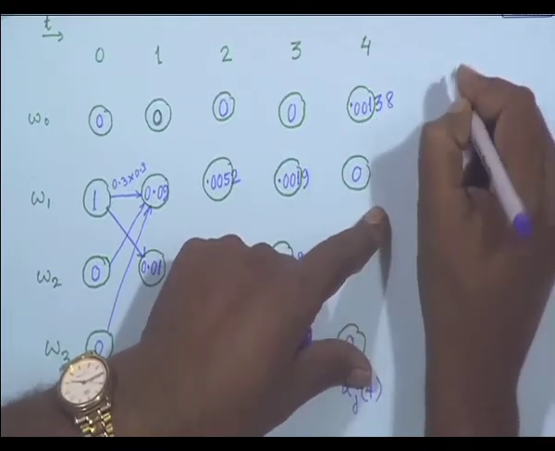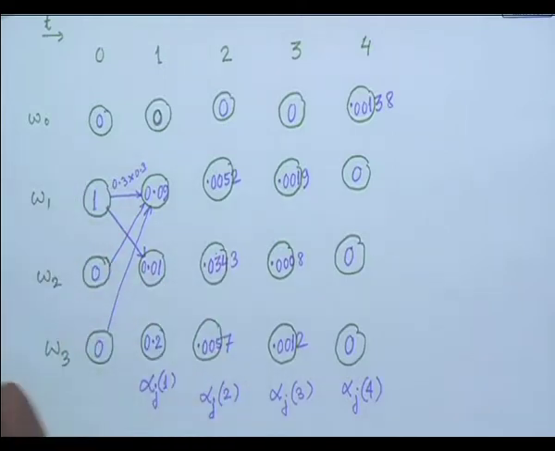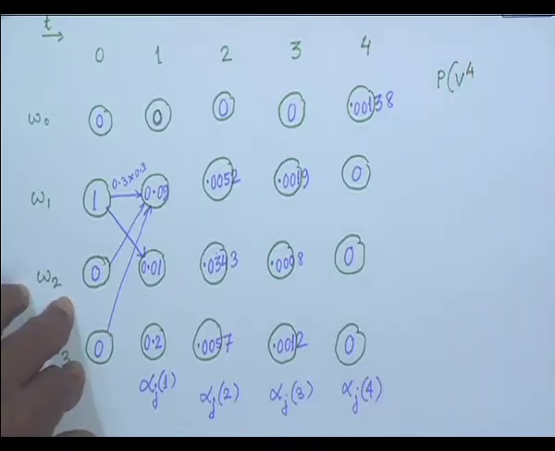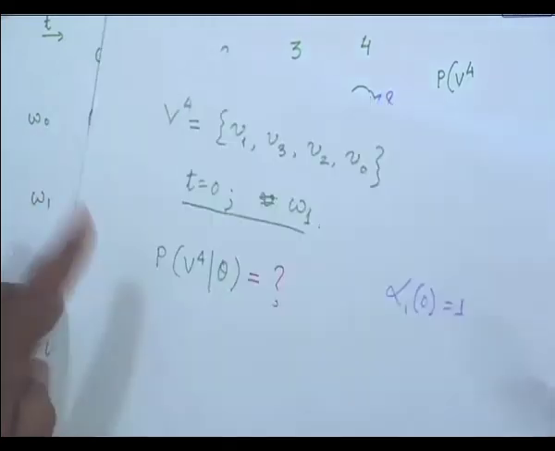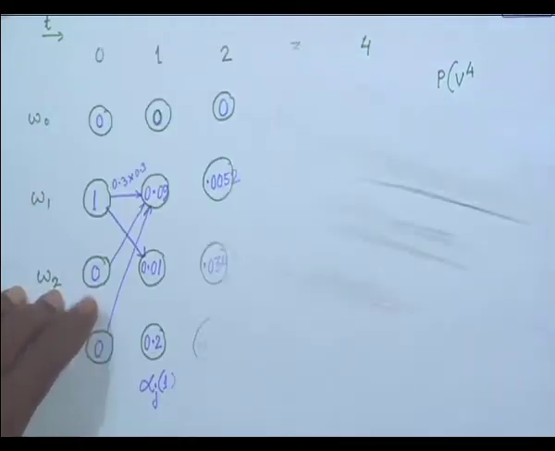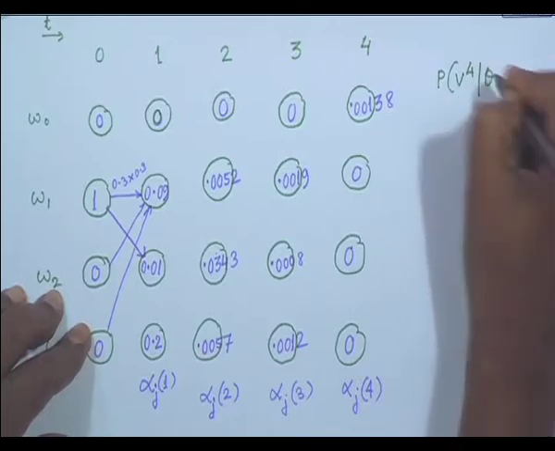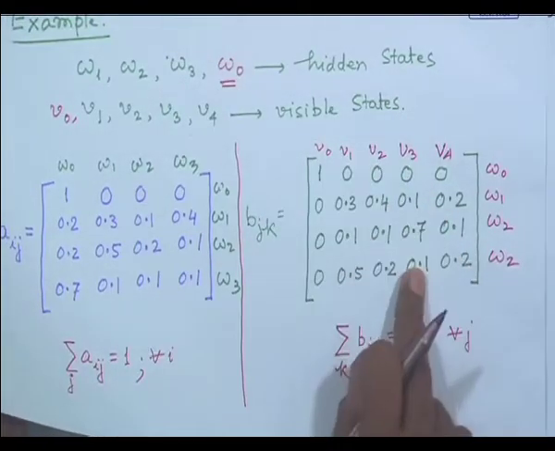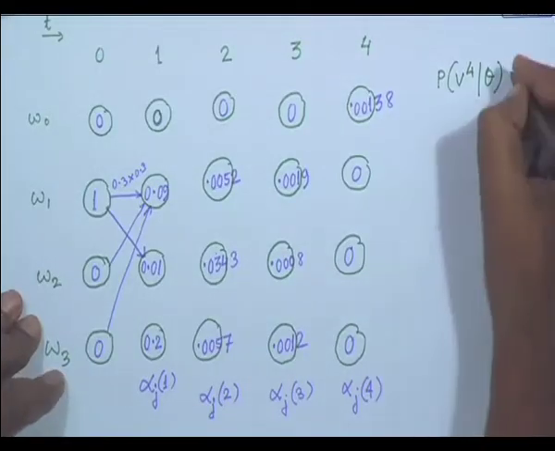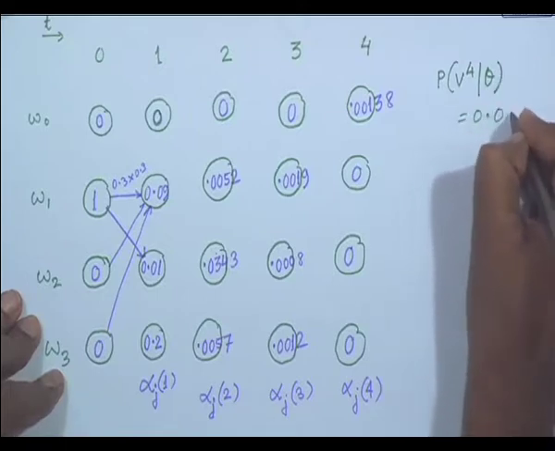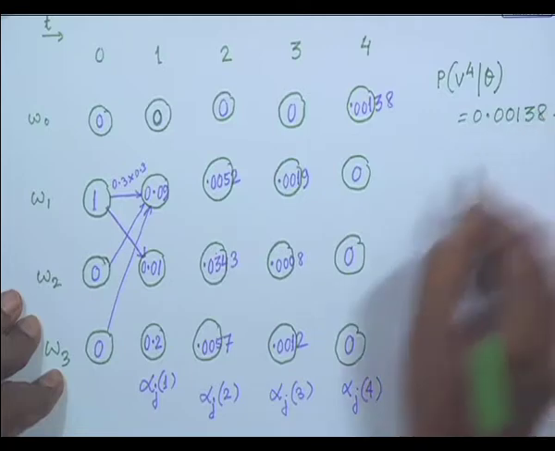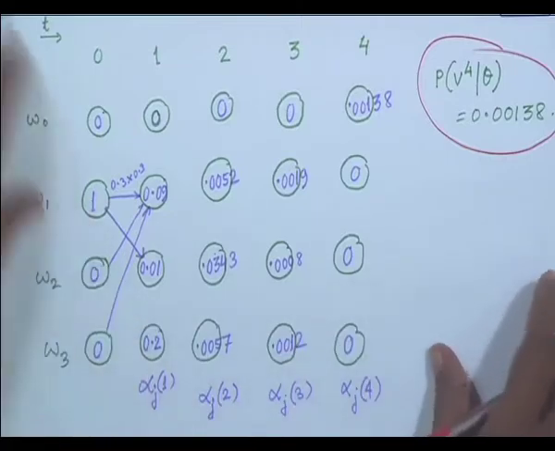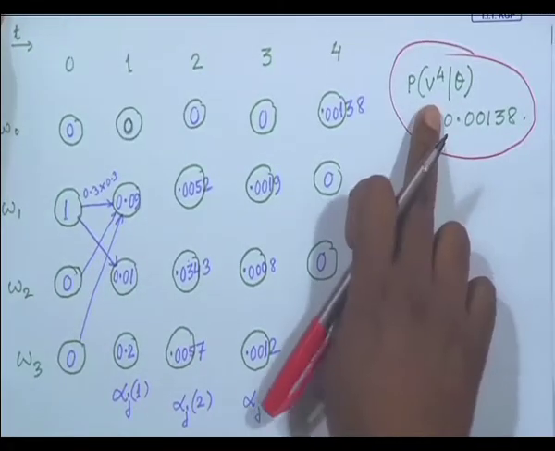So the probability that the machine we have considered has generated the given sequence V 4, for the given hidden Markov model theta, where theta is defined by these parameters, is equal to 0.00138. So this is the probability that our given model theta has generated that given sequence.